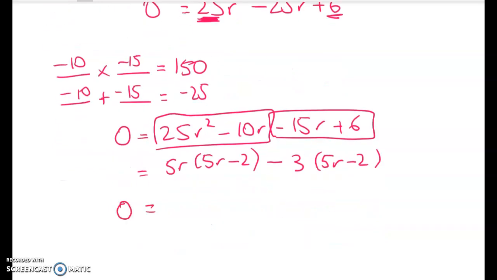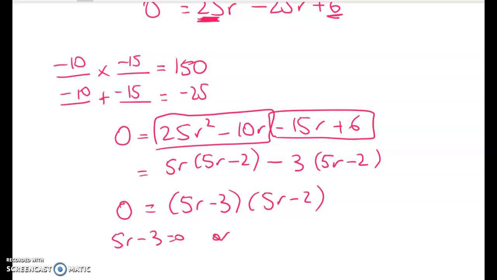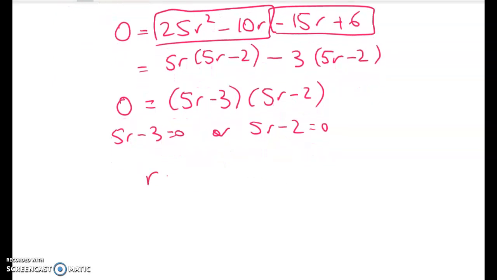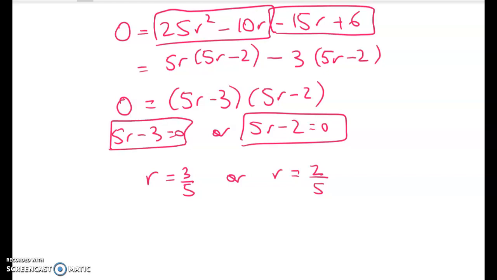So we've got 0 is equal to 5R minus 3 times 5R minus 2. So 5R minus 3 equals 0, or 5R minus 2 equals 0, giving me my two possible ratios: R is equal to 3/5 or R is equal to 2/5.